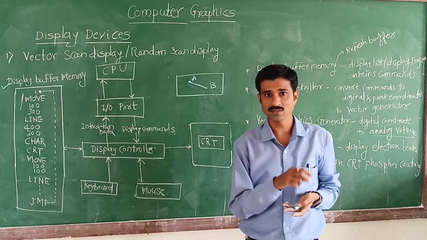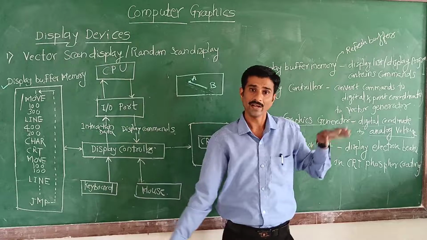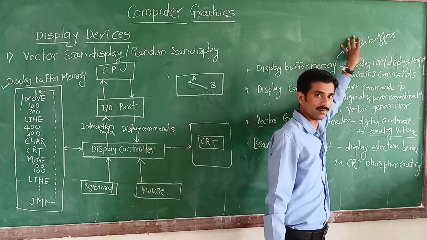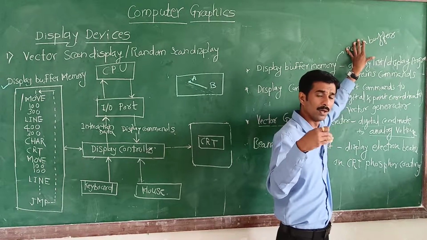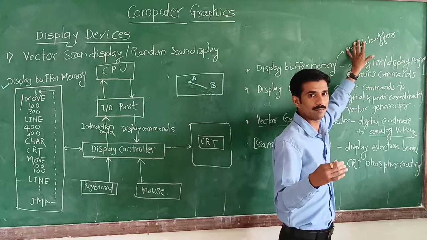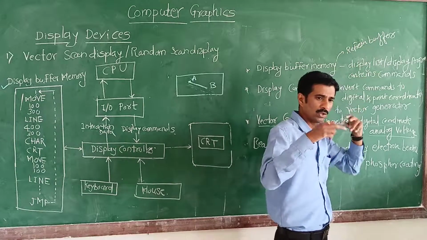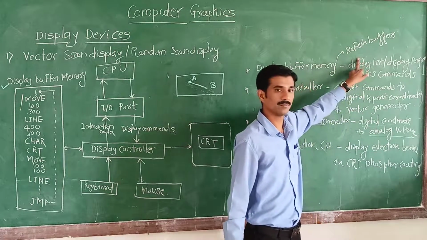The display buffer memory is also called the refresh buffer, because it is continuously executed after some particular time, in milliseconds. So it is continuously refreshing, and that is why it is called the refresh buffer.